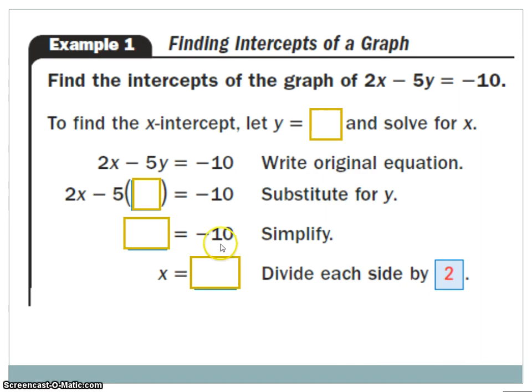To find the x-intercept, let y equal 0, and solve for x. So instead of this y, we're going to place 0 in there.